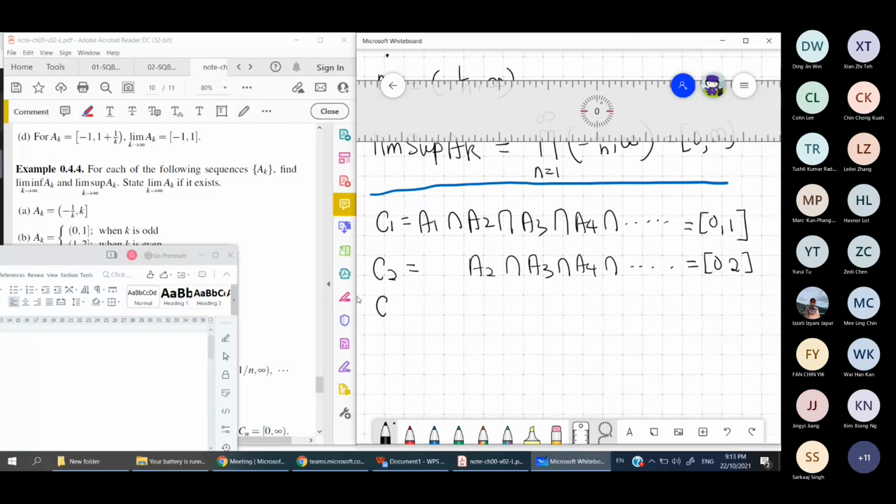And you calculate C3, so you begin with A3, A4. So we can see this is 0 to 3. If you follow the pattern here, C1 up to 1, C2 up to 2, C3 up to 3. So you carry on, so Cn will be given by 0 to n.